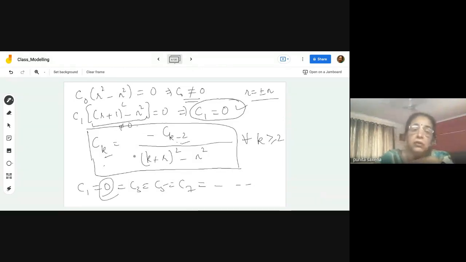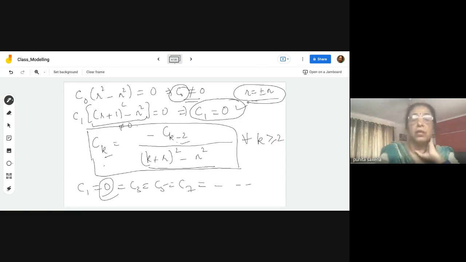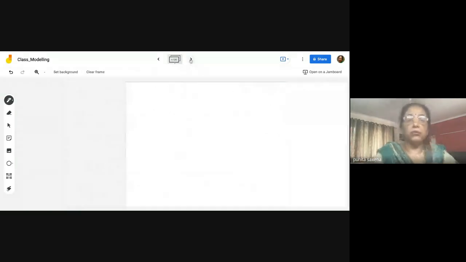And all your even coefficients would be in terms of c naught. Okay, so we have this recurrence relation, and we are going to get different values of these coefficients depending upon the values of r that we are using.